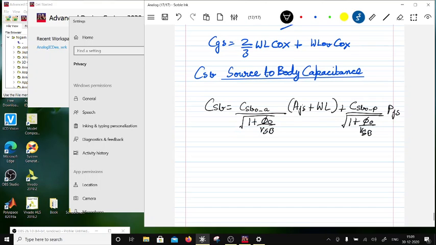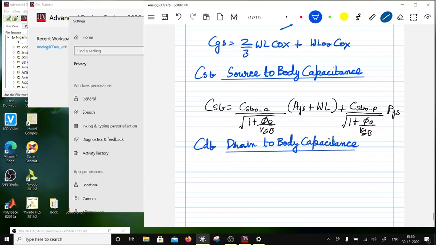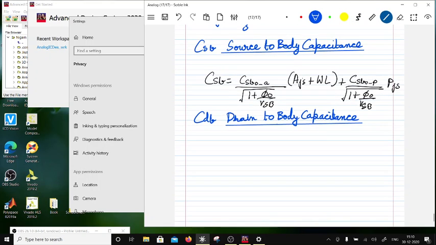Now same thing can be done for a CDB. CDB is drain to body capacitance. Okay, so CDB is of similar nature.